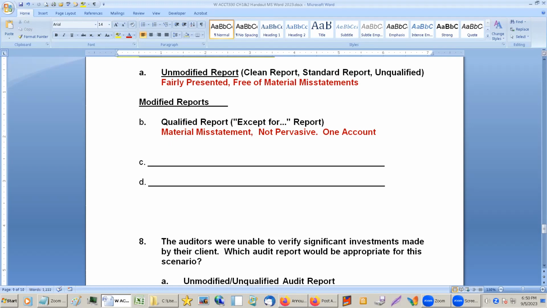And it also says that overall, the financial statements are fairly presented.